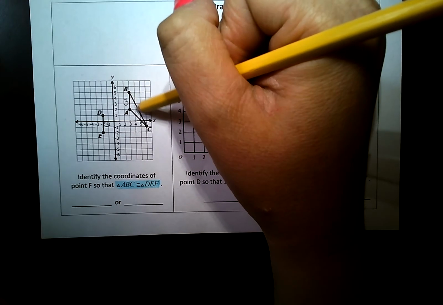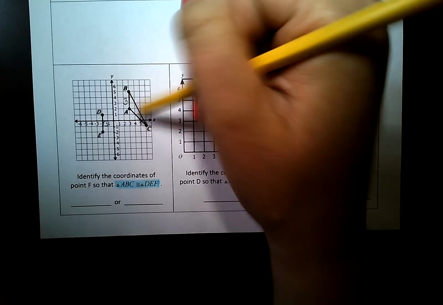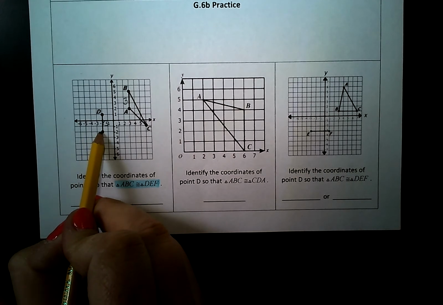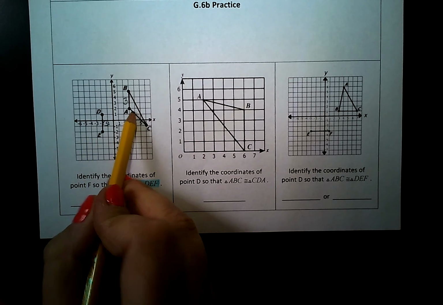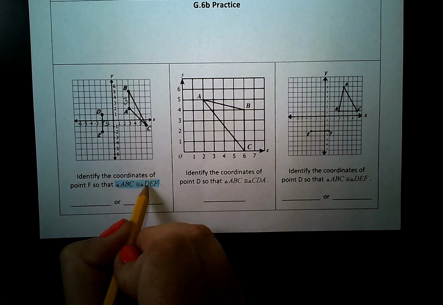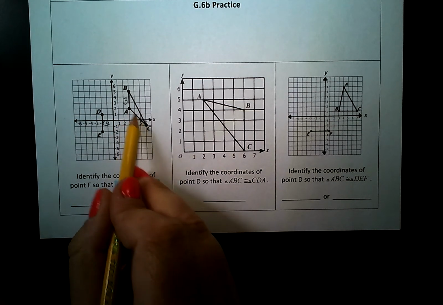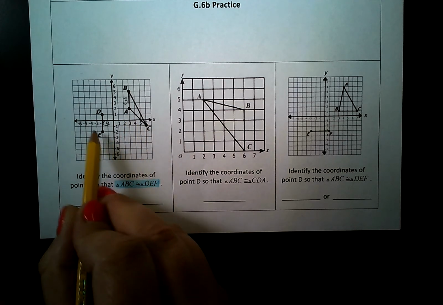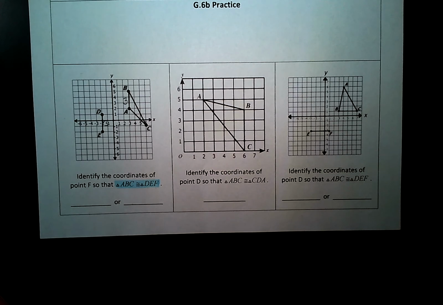Side BC is the longest side of this triangle, which means side EF, wherever F is, has to be the longest side on this triangle. Also, I've got to match up AC, which is the medium length side, to DF, which should come out to be the medium length side.